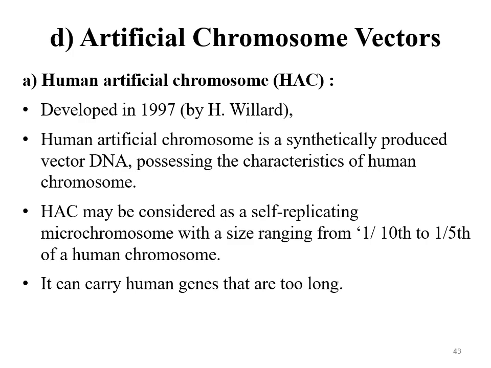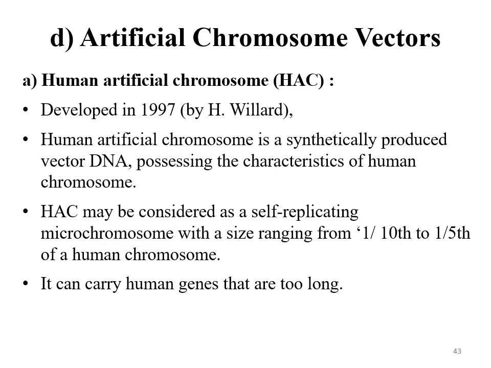Artificial chromosome vectors, in which human artificial chromosomes or HACs are important vectors which were developed in 1970 and in 1997 by a scientist, Willard. Human artificial chromosome is a synthetically produced vector which possesses the characteristics of a human chromosome.